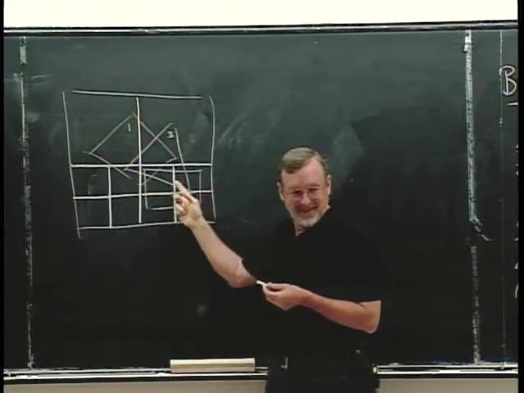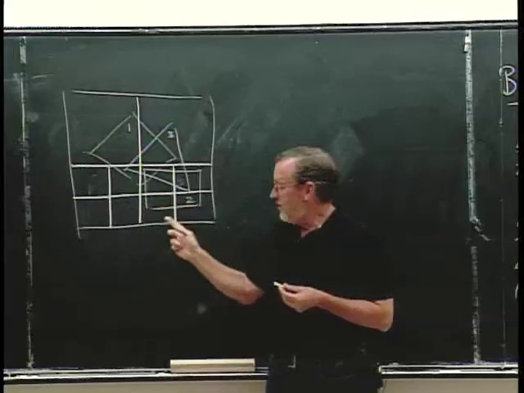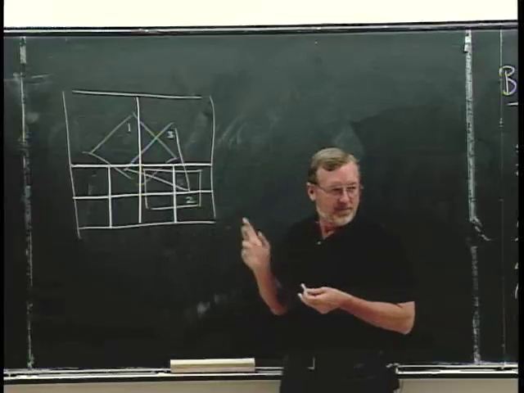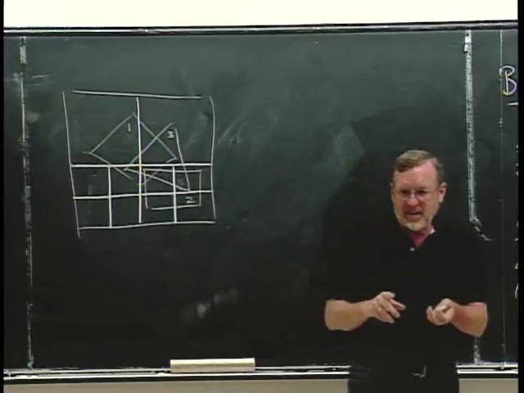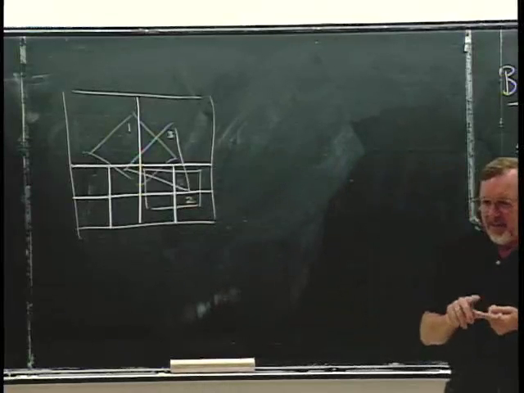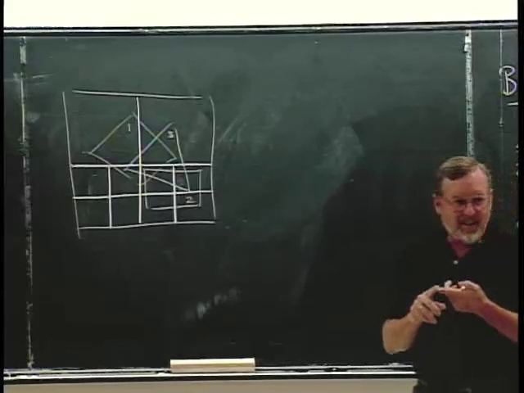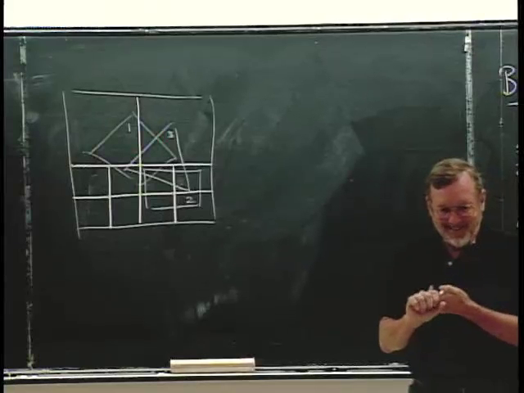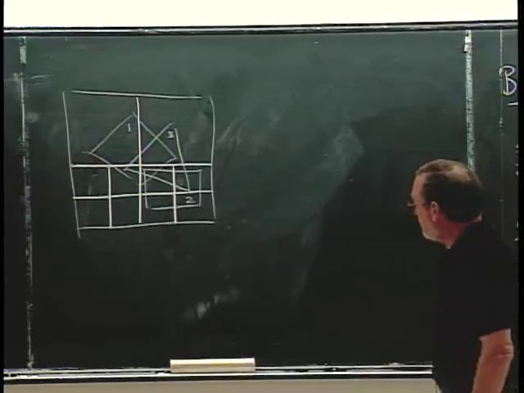There's only 1 thing in this window and this window, so it's easy enough to draw. All the other ones have 2 in them, and we're going to say something's easy enough to draw if it has nothing in it, or only 1 thing in it. Otherwise it's too complex.